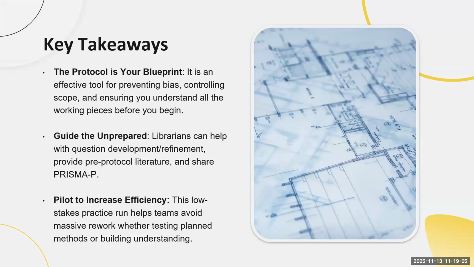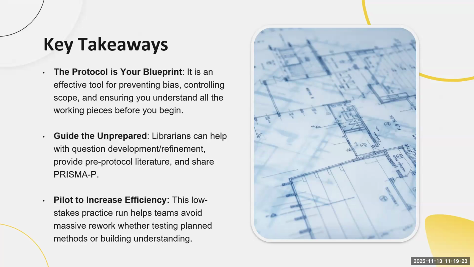To conclude, teams should embrace the protocol as a blueprint that defends against bias and creates important boundaries to prevent scope creep. Introducing protocol components also promotes understanding of all the working pieces of a review project.